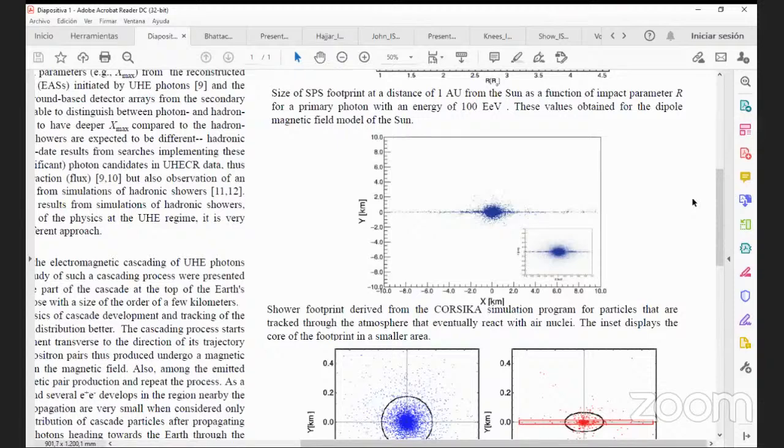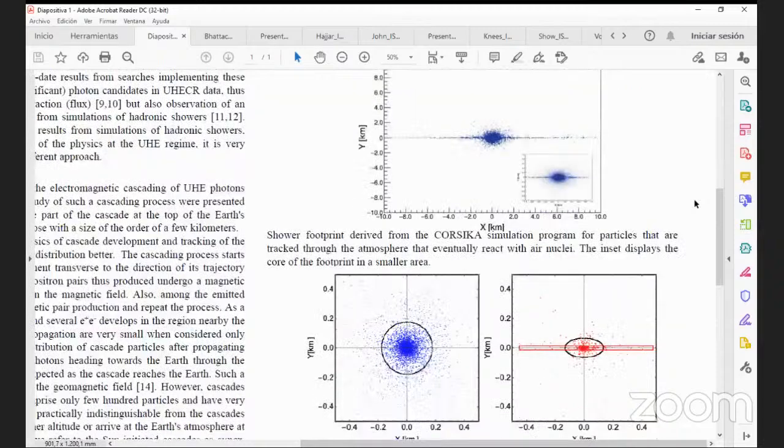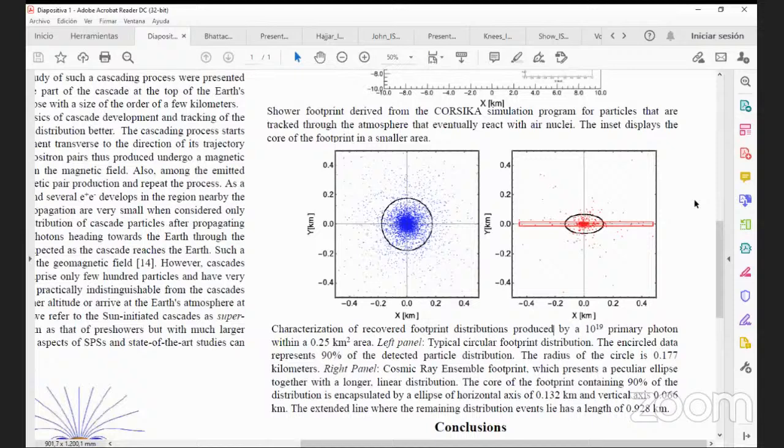This is derived from performing simulations for the propagation of the shower from the top of the atmosphere down to the ground. So this is how we expect to see it on the ground. If you go to the last figure down there, you will see that in the case of a standard shower, what you see is just a circular or rather uniform distribution of the particles.